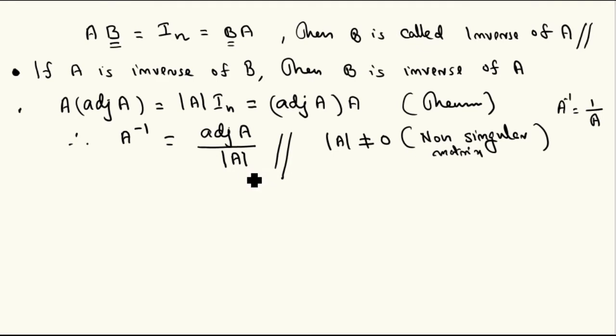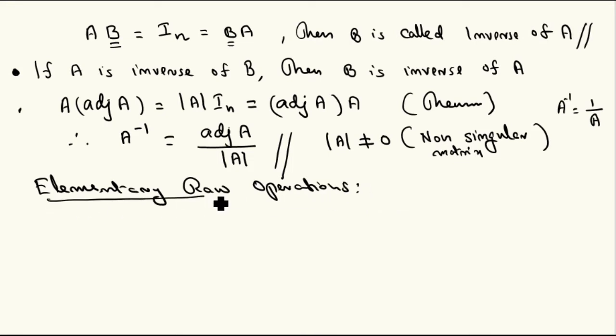Now these are the two definitions you have studied. Now we want to find out how to find the inverse of a matrix using elementary row operations. So here there are three row operations.